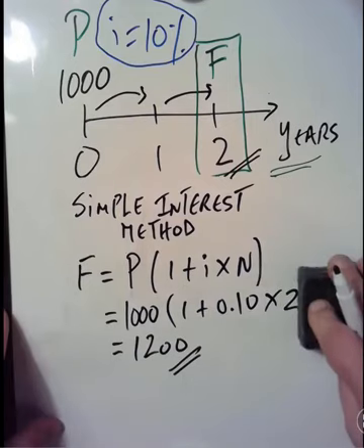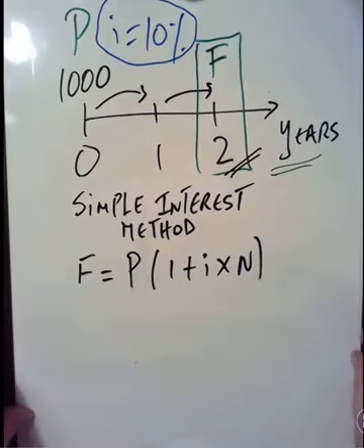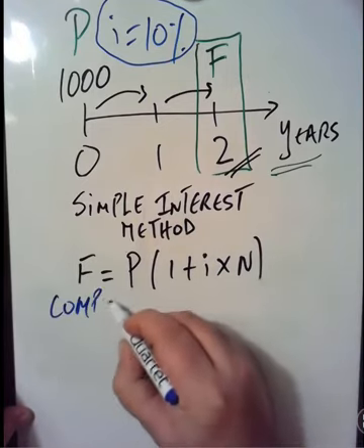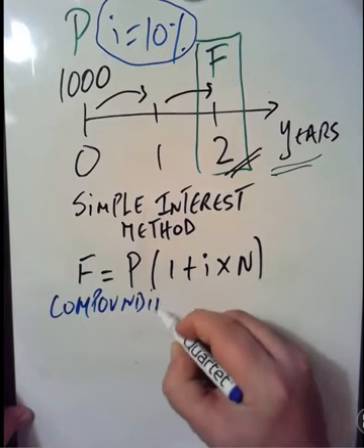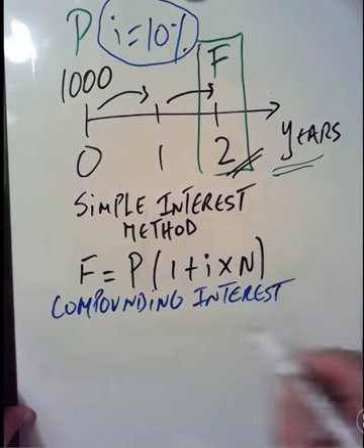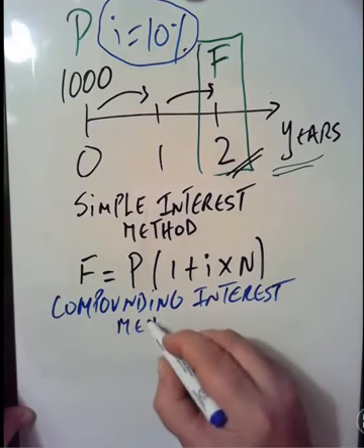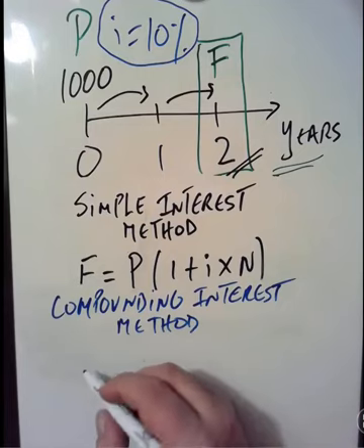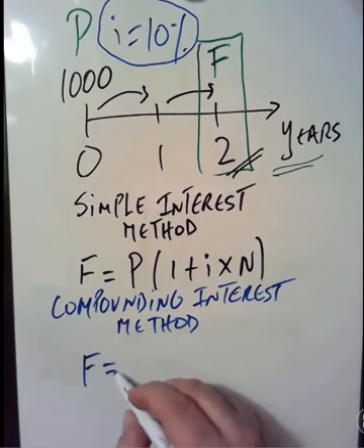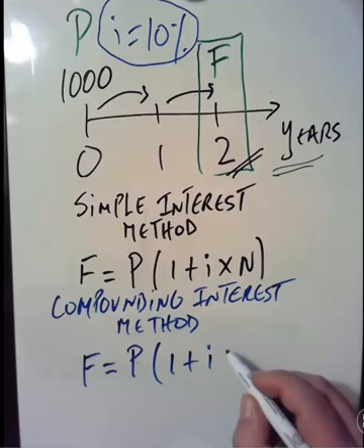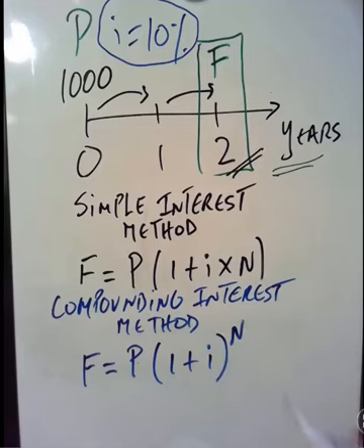So to contrast, let's now talk about the compounding interest method. The compounding interest method states that the future value is equal to the present value times 1 plus the interest rate to the power of n.